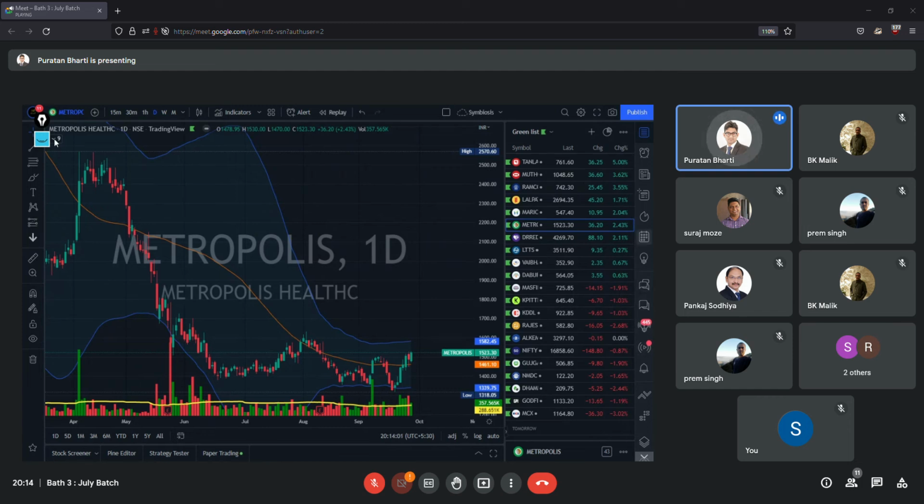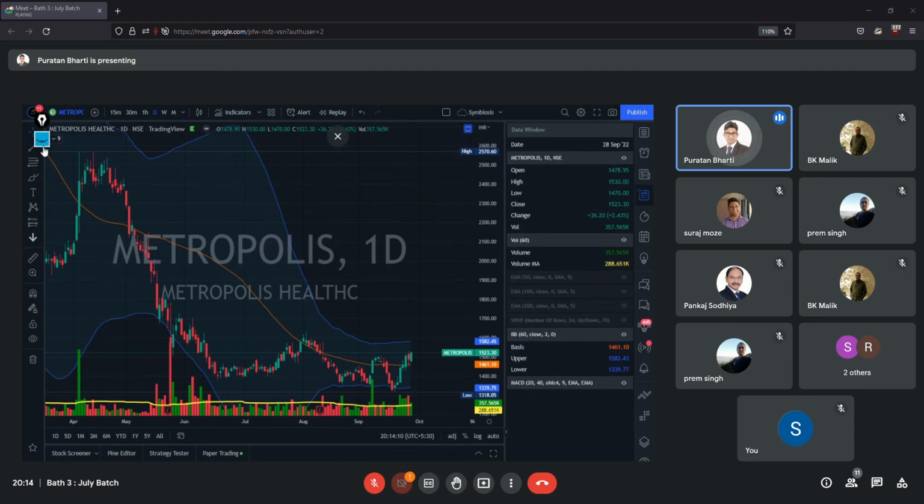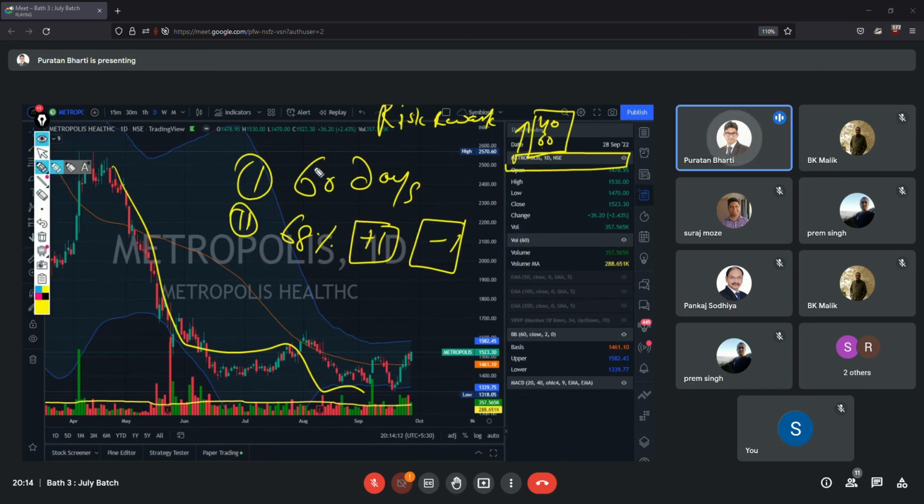And I think this tool can also be used as a risk reward ratio. And I don't think anyone will talk about using Bollinger band as a risk reward ratio. No one in this world I've ever heard talking about this. So you have to think of this as a risk reward ratio.